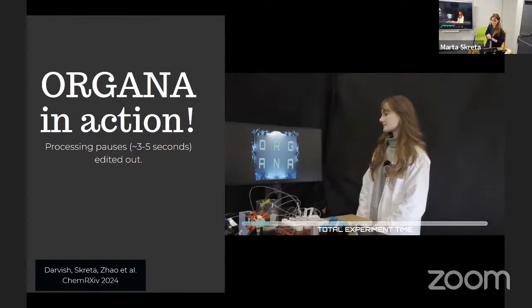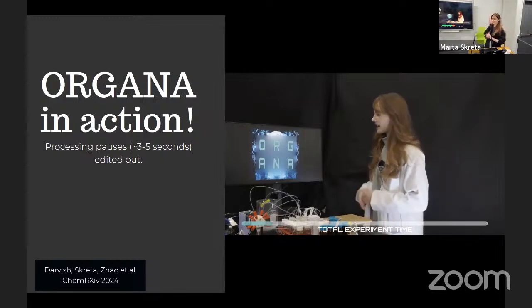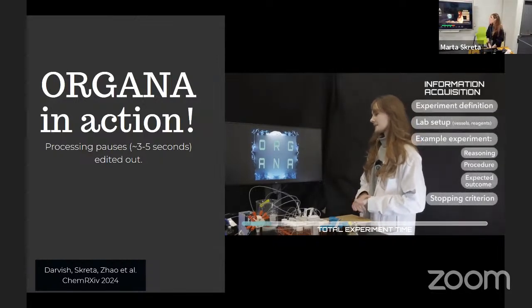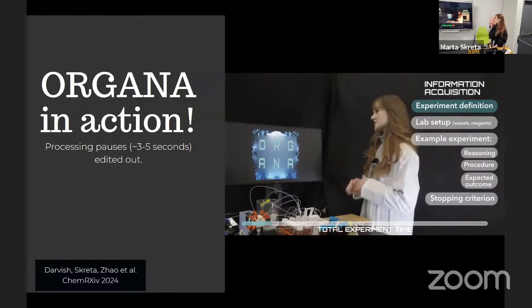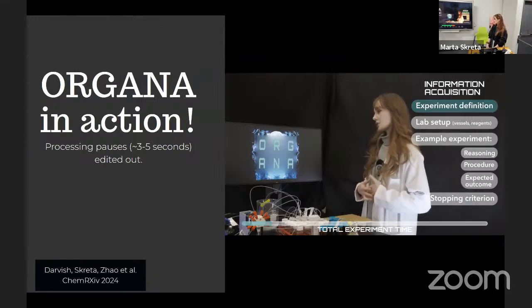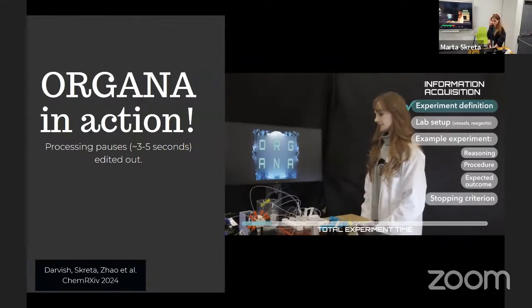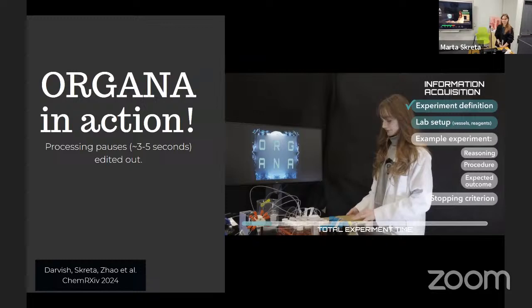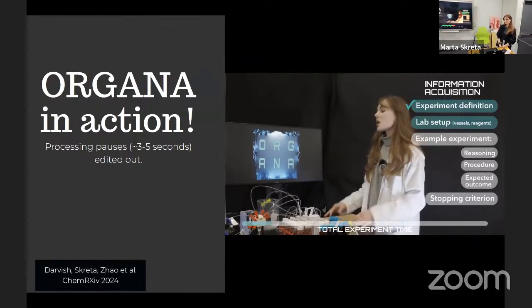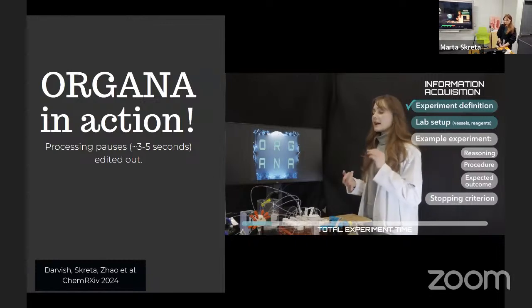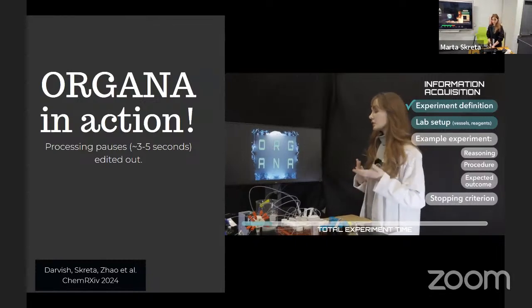Hi, my name is Organa. I am a robot chemist. Can I help you with anything today? Hi, Organa. I would like to run a chemistry experiment. Could you please specify what the experiment is? I would like to generate a Pourbaix plot for an unknown quinone solution. What is the setup of the lab environment? What are all the reagents and vessels? So in my lab environment, I have a 10 millimolar solution of an unknown quinone.